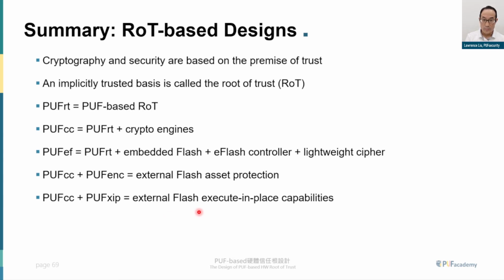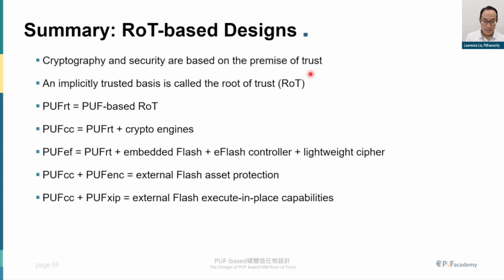So here's a one-page summary of today's talk. Cryptography and security are based on trust. And how is this trust established? It's established from an implicitly trusted basis used to authenticate the other components and code of a system. And a root of trust, ROT, is such an implicitly trusted basis.